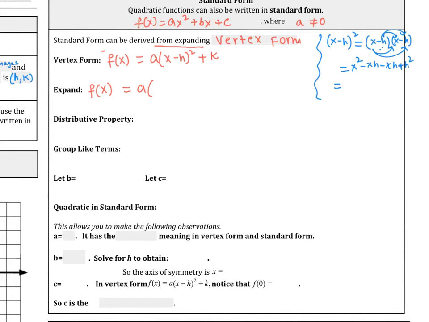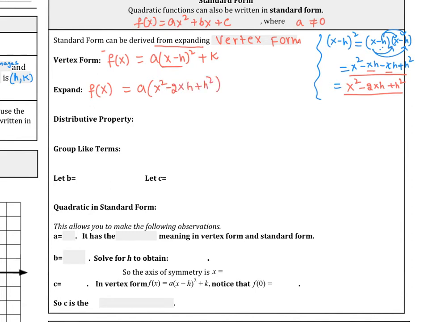Now I'm going to combine the like terms here. So negative xh minus xh would be negative 2xh plus h squared. Use this expression for (x minus h) squared.